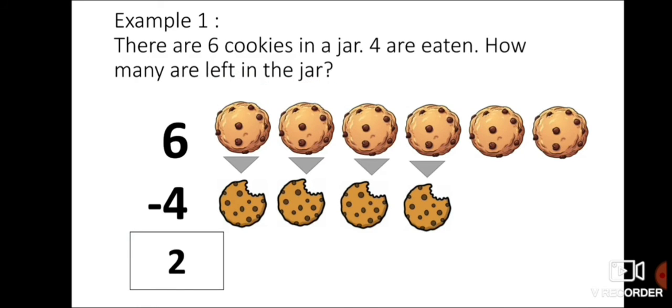So we know that to find out how many are left, we need to subtract 4 from 6. As you can see, there are 2 cookies left in the jar. If 4 cookies are eaten, 6 minus 4 is equal to 2.